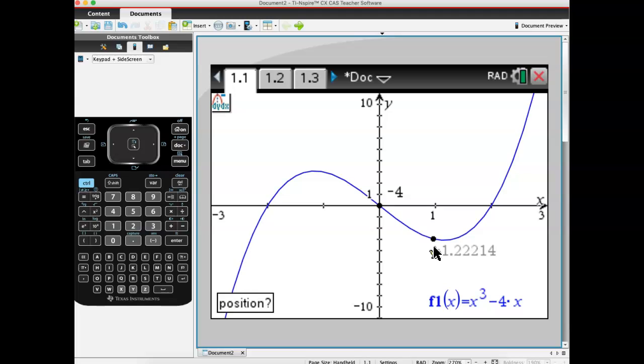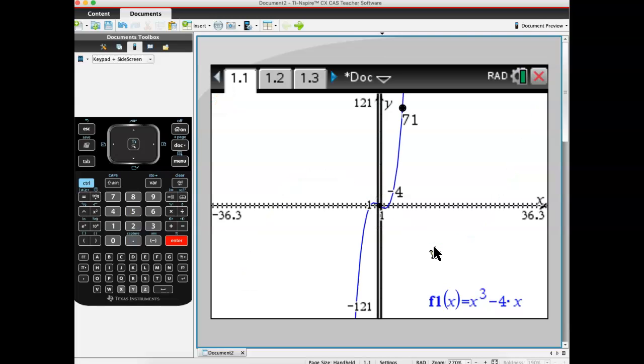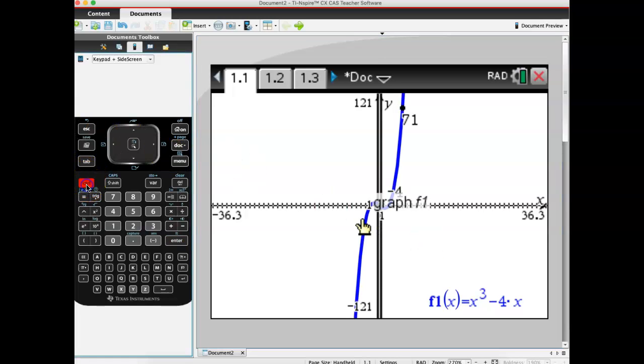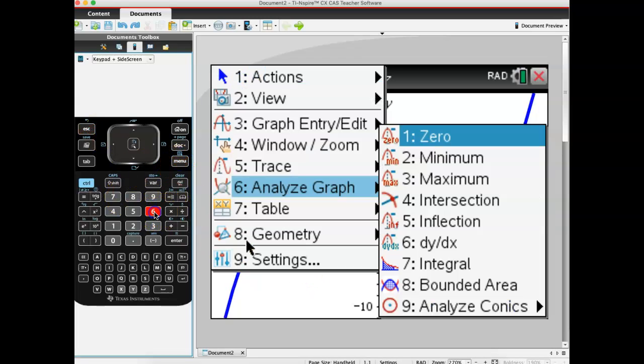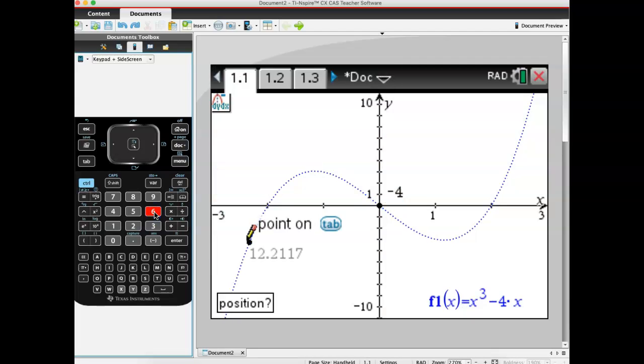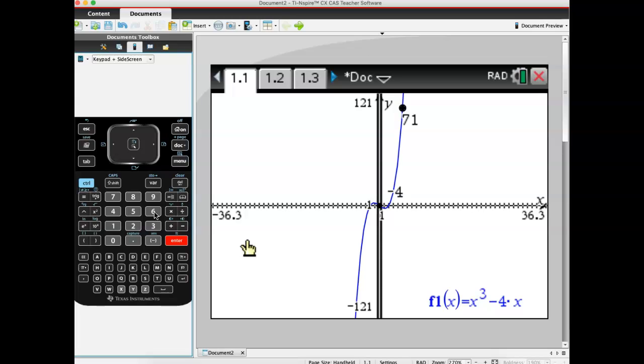The next position I'm going to find is at 0.5, or excuse me, a half. Oh man. If that ever happens to you, you hit Control Escape and it takes you back to where you were. I'm going to say menu 66. My position is going to be 0.5. What is going on here?